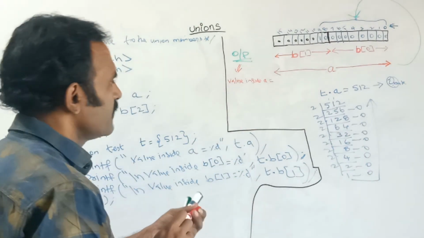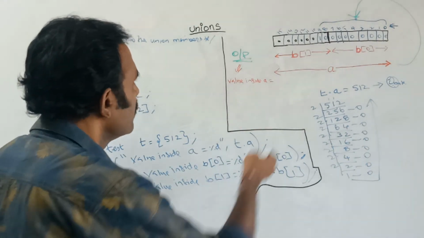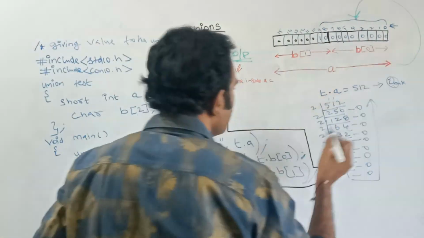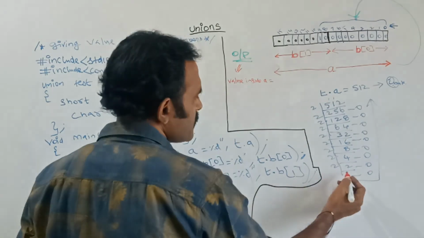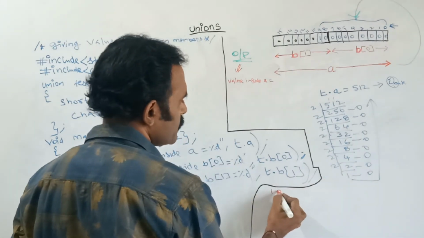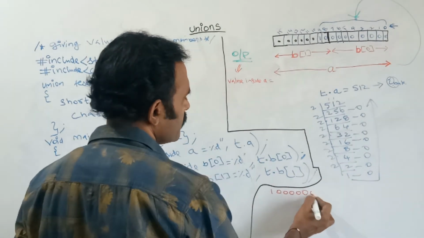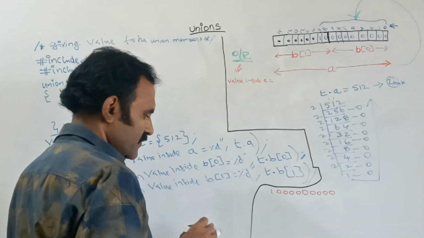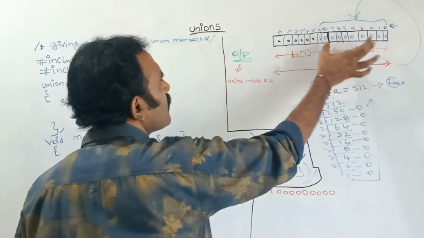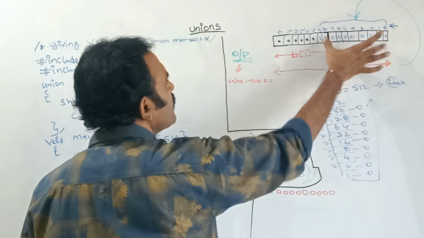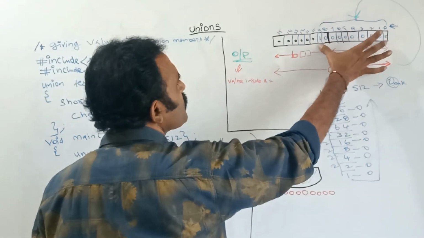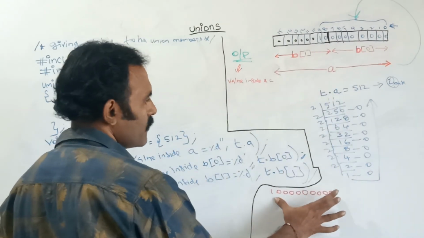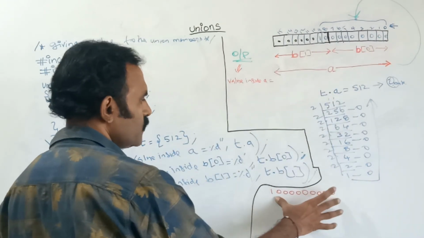Suppose you are converting this to decimal, we can convert like this. See, this is the value 1 followed by 9 zeros. If you want to convert this, it takes only up to this 10 bits. The zeros and all are not necessary. See here, 1 0 0 0 up to 9 zeros. This I am going to convert from binary to decimal.